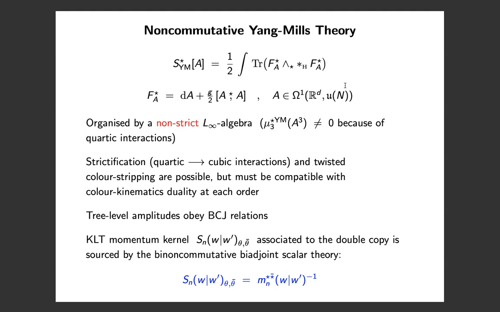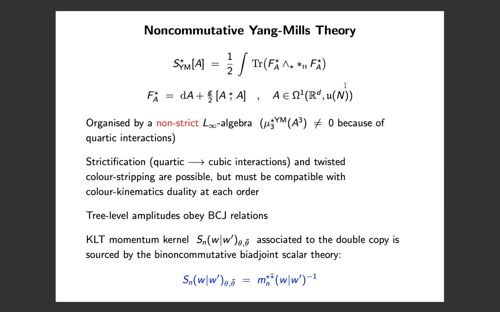But you can strictify it, that is, turn all your quartic interactions into cubic interactions by introducing suitable auxiliary fields, and the twisted color stripping is possible, but it has to be compatible with color kinematics duality at each order.